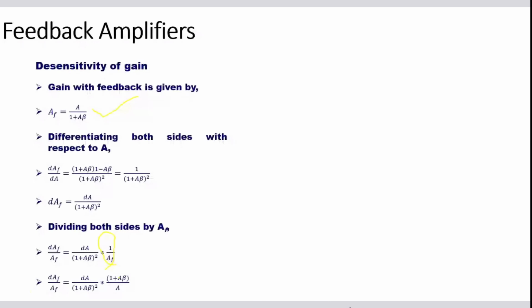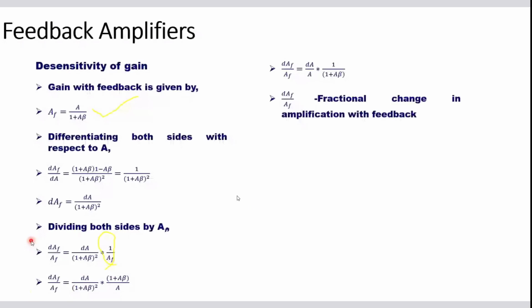And on further simplification, we have the sensitivity. dAF by AF is the fractional change in the amplification with feedback, and dA by A is the fractional change in the amplification without feedback.